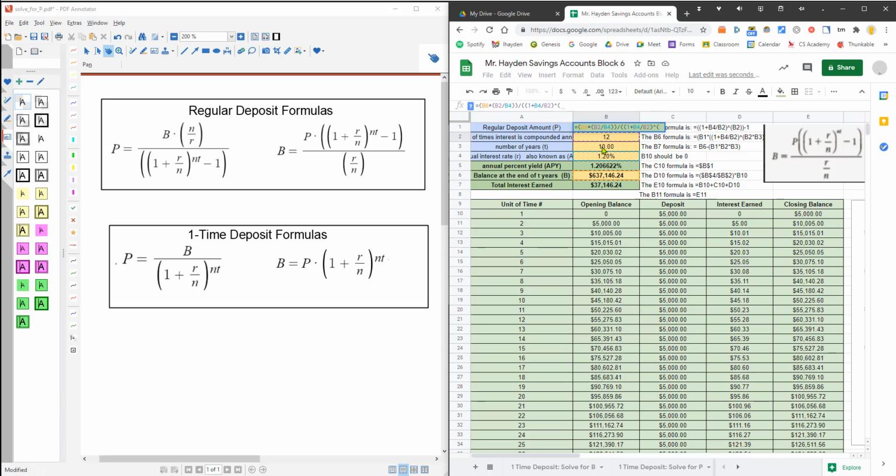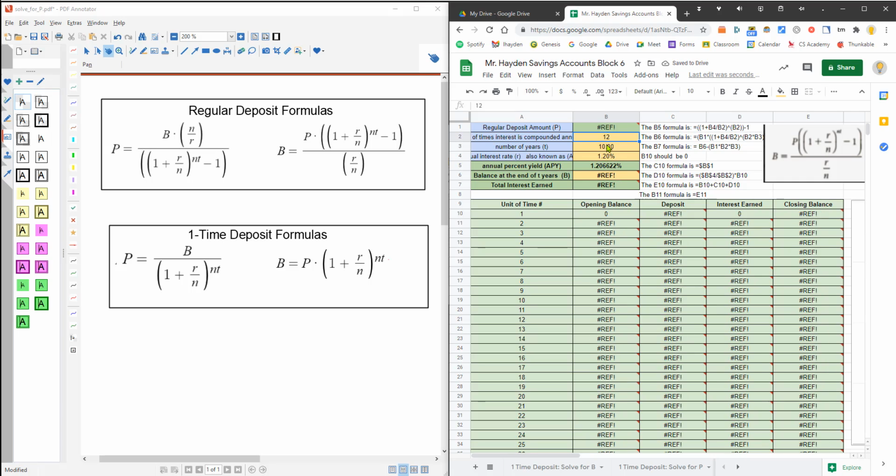So n is B2 times t. t is B3. And then minus 1. If I did this right, hopefully I'm going to get the expected result. No, I'm not. Let's see, what am I missing here?